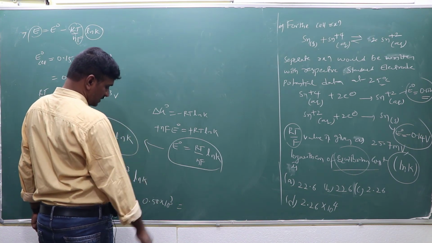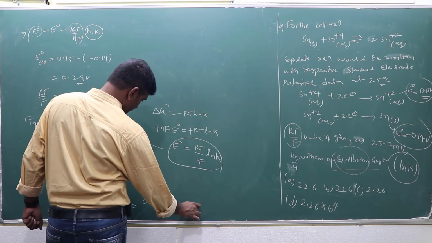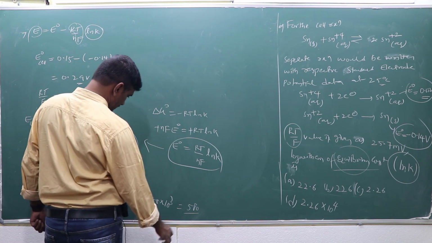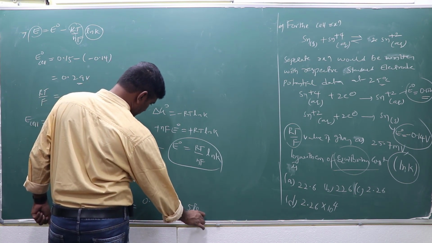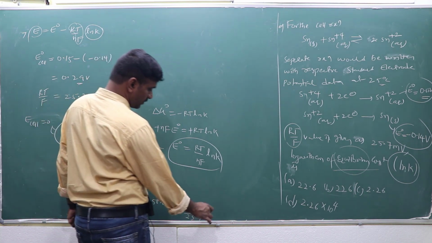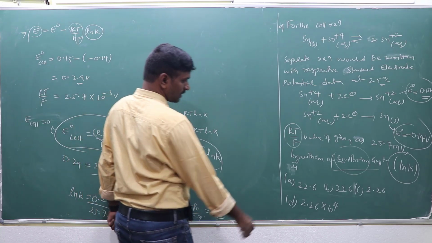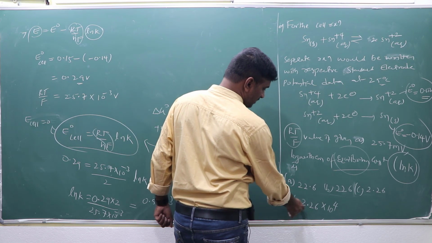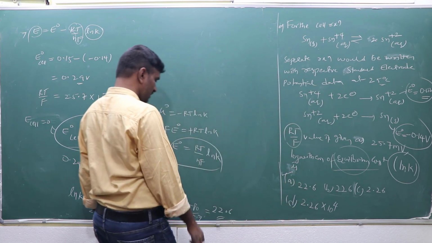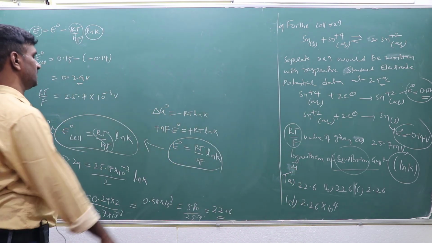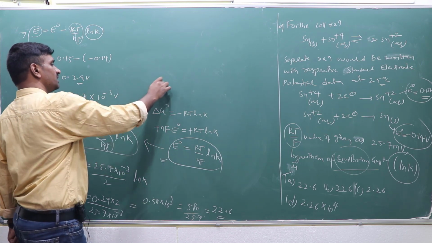So 580 by 25.7, nearly how many times may it take place? 22.6 times. Not 226, not 2.26. Which one? 22.6. You can use this formula because equilibrium is there.